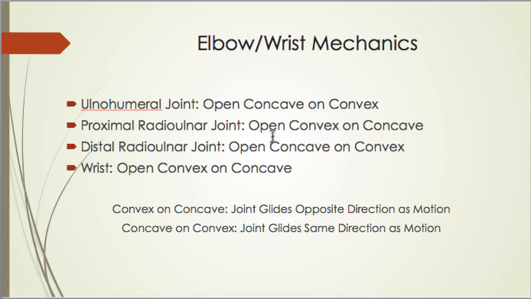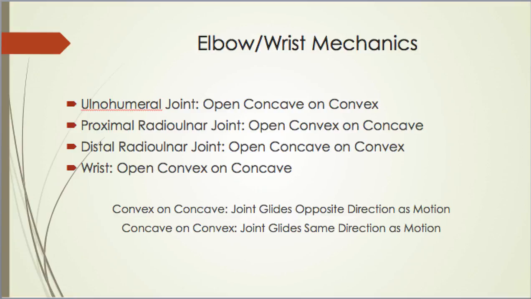Okay, so the distal radioulnar joint, there's open concave on convex, so it's the opposite. And the wrist in open chain for flexion extension happens at the proximal row, between that proximal row and the radius. And in open chain, that's convex lunate and scaphoid on a concave distal radius right here.